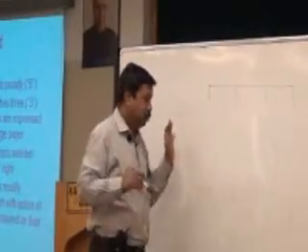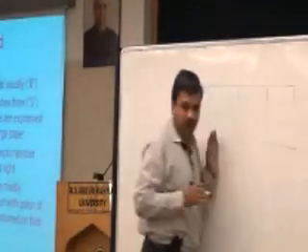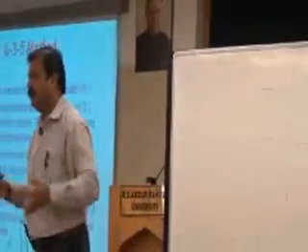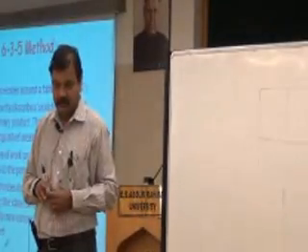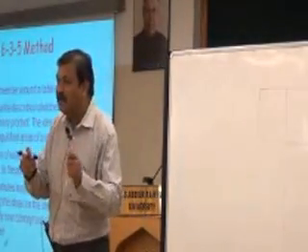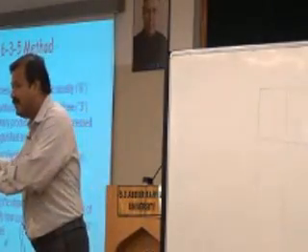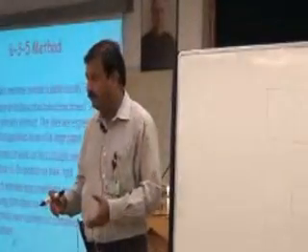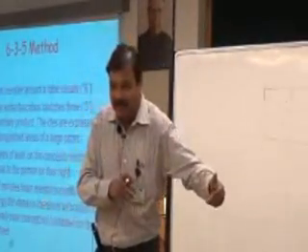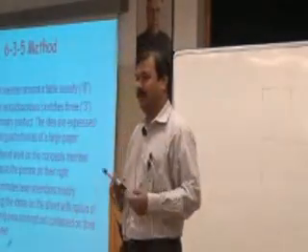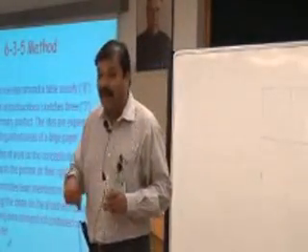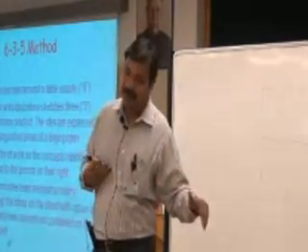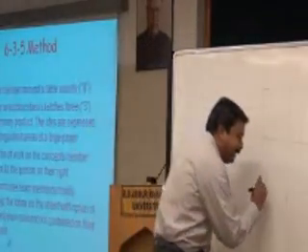So after 5 minutes, you just draw a line, pass on the paper to the next person beside you. So what I will do, I will pass on all my ideas to the person sitting next to me, and I will in turn receive the ideas from the person on the other side. So now I have another 5 minutes to ponder over the ideas of another person, and then I can add my comments to it.